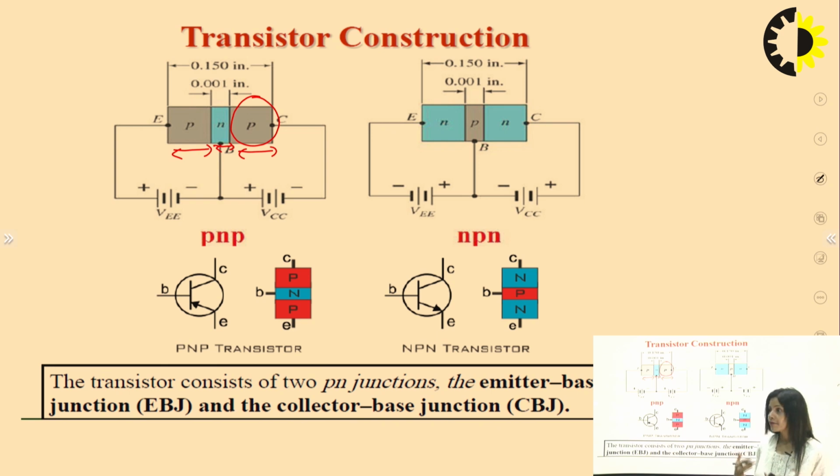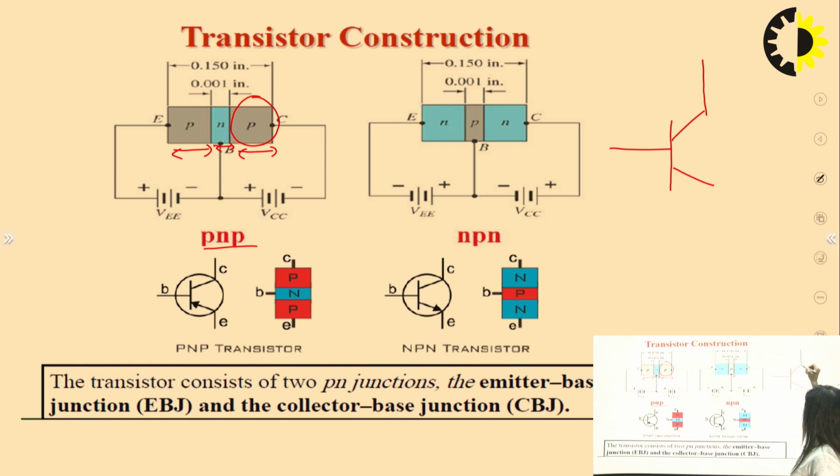Okay, and if I talk of the symbol, this particular one is the symbol for the BJT. Here it is base, here would be emitter, and here this is collector, right?